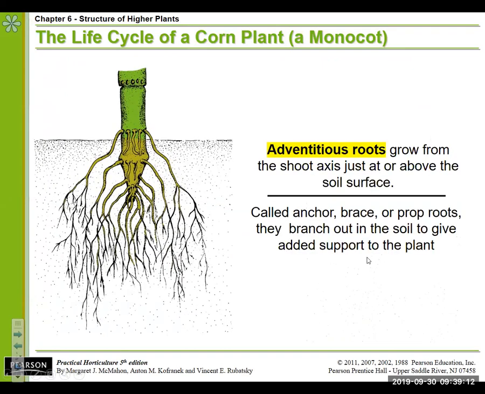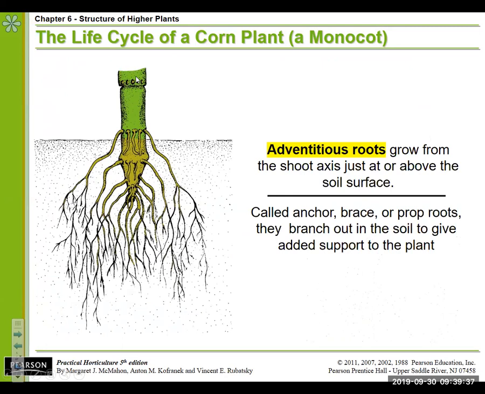In corn and also many other monocots, we also have this whole concept of adventitious roots, which are basically just roots that come out from any point other than the main root. So you can kind of see, and I'm sure you all have seen this in corn, that first they make these little nodules near the node that pop out of the stem.